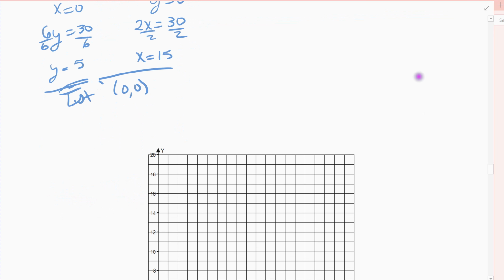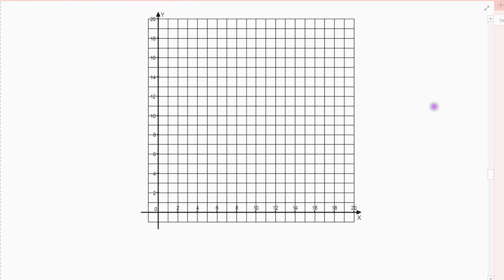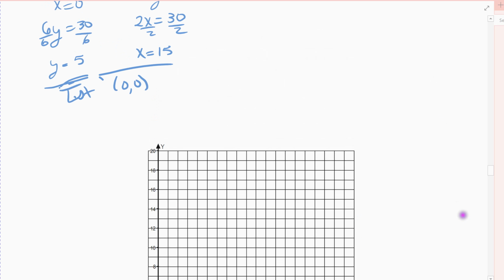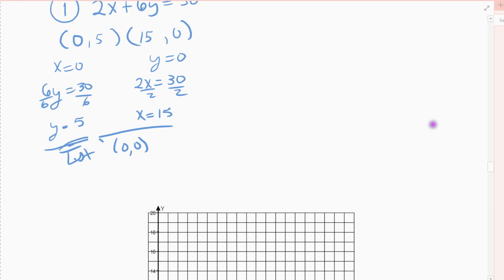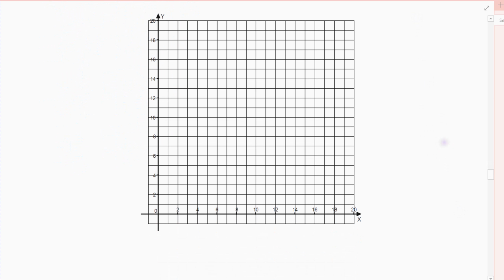Alright, graph those 2 points. So go to my grid. I'm graphing 0, 5, and 15, 0. Alright, so 0, 5 puts me here, and 15, 0 puts me there.